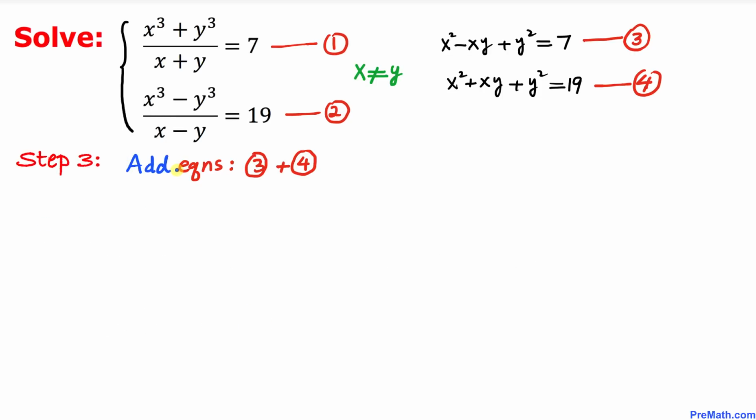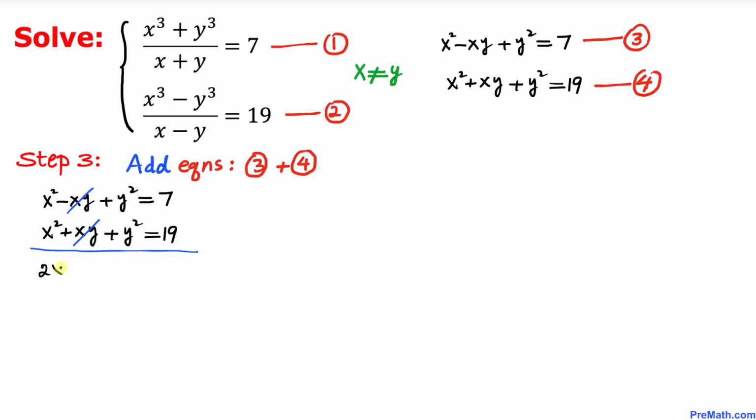And here's our next step. This time we are going to add these equations 3 and 4. And here I have copied down equations 3 and 4. Let's go ahead and add these two equations. We can see this negative xy and positive xy is gone. So our left hand side is simply going to become 2x square plus 2y square equal to 26.